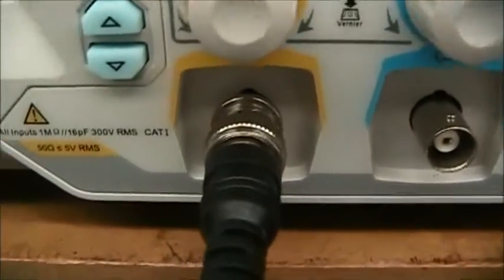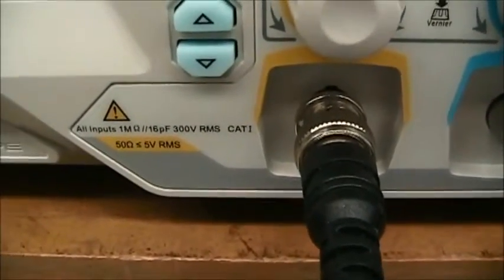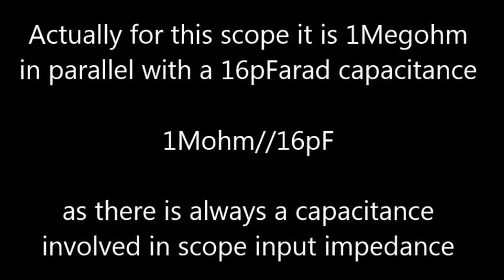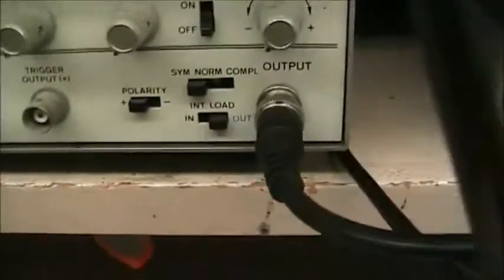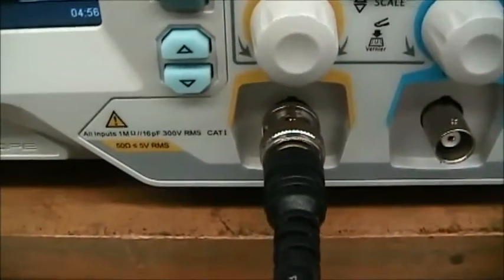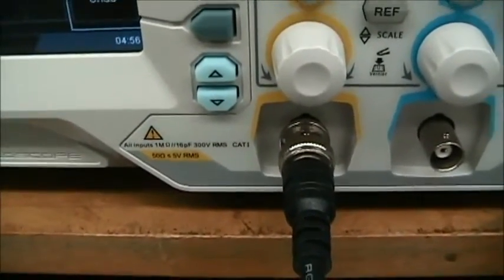Now, the scope input is, of course, 1 megohm. That's the standard value for the input impedance of a scope. So if we connect a 50 ohm pulse generator to a 1 megohm input, we're going to have a mismatch.